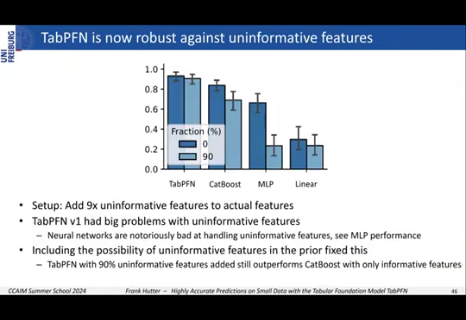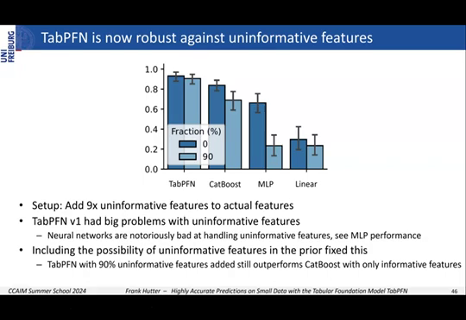We had various failure modes before, so we did some analyses of those. Uninformative features was an issue before. So in our experiment, we have, let's say, 50 features, and then we put in 450 additional features that don't matter at all.